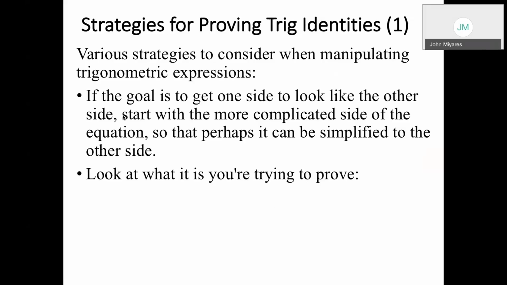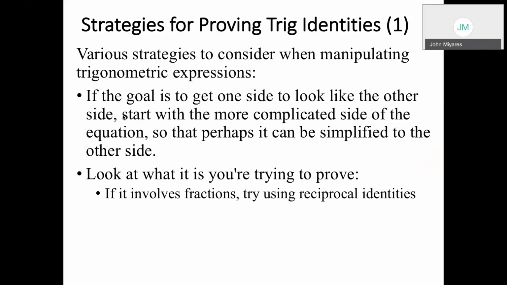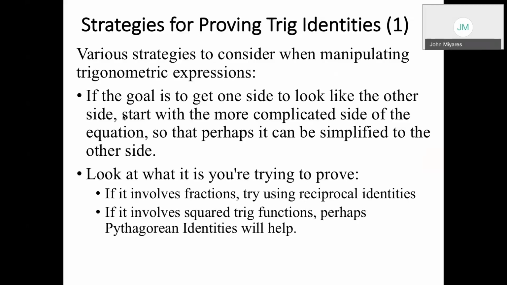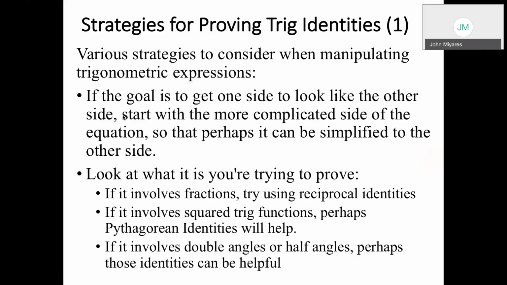Also, look at what it is you're trying to prove. If it involves fractions, try using reciprocal identities. If it involves squared trig functions, perhaps a Pythagorean identity will help. If it involves double angles or half angles, which we will be exploring in section 7.3, then perhaps those identities can be helpful.